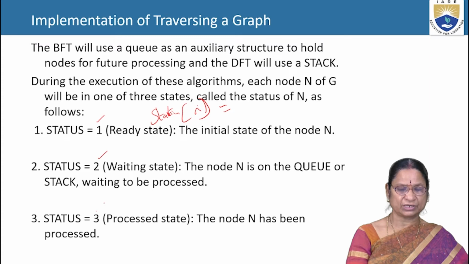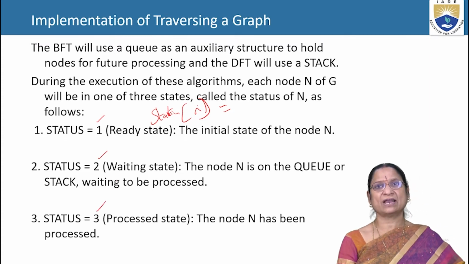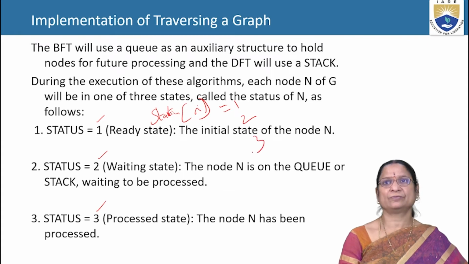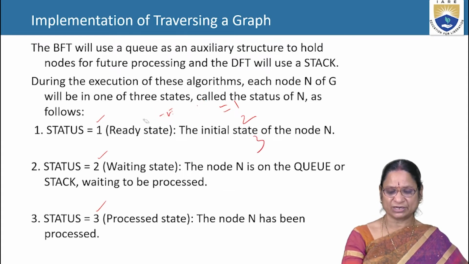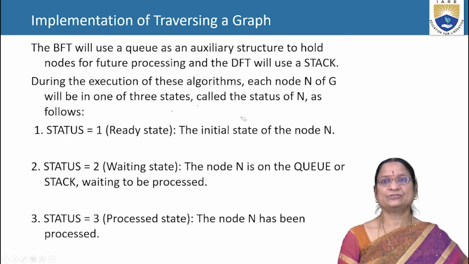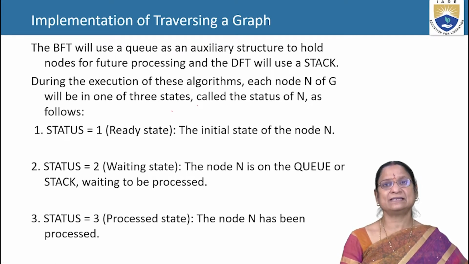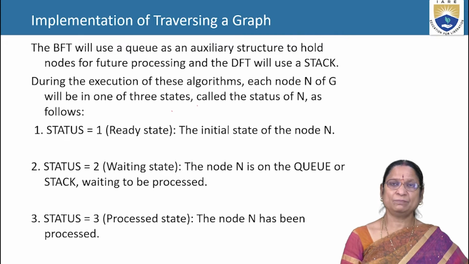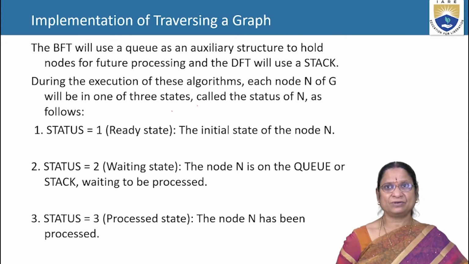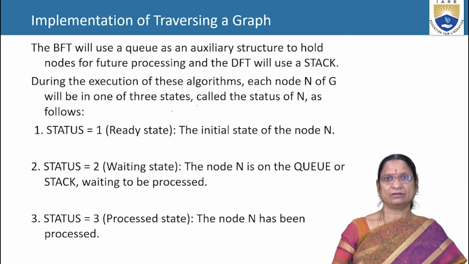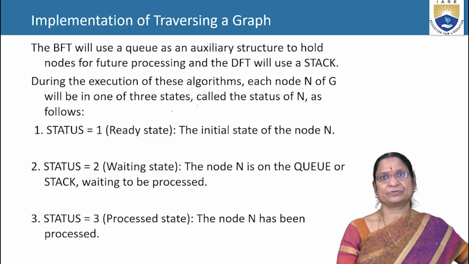Either 1, 2 or 3. It may be 1 or 2 or 3. For each node, the status keeps track of that particular node's current state so that it is easily understood by us. In both cases, BFT as well as DFT, this status variable of each node is going to be considered.